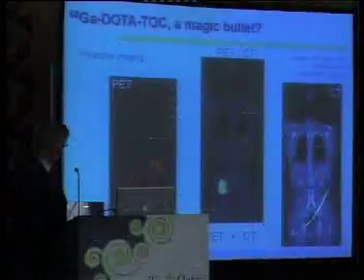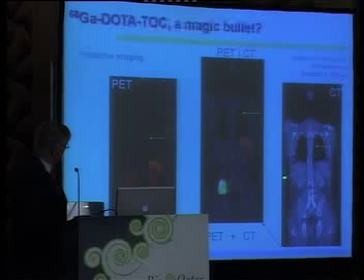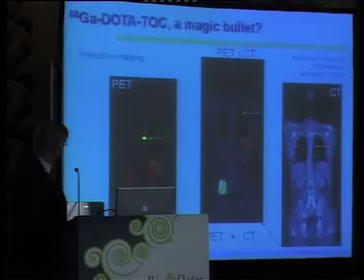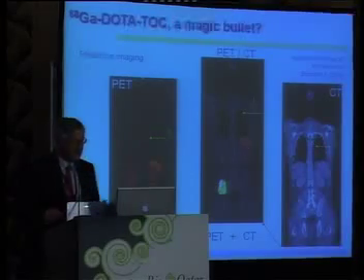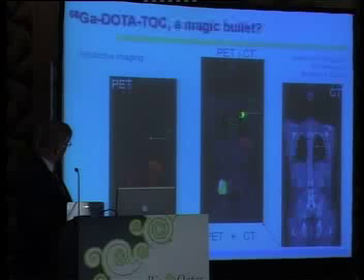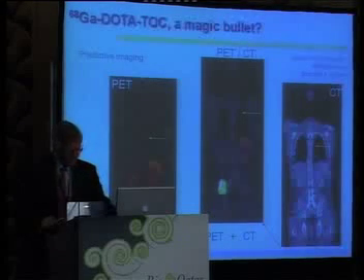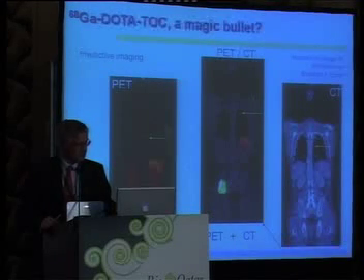The problem of PET is that it is very sensitive to find tumors, but it is not so good for the anatomical delineation. That is much better by CT, and you see the big tumor here very easily shown, but this tumor is missed here on the CT, but by merging the two images, you can now localize the tumor there, and that is important, for instance, for surgery.